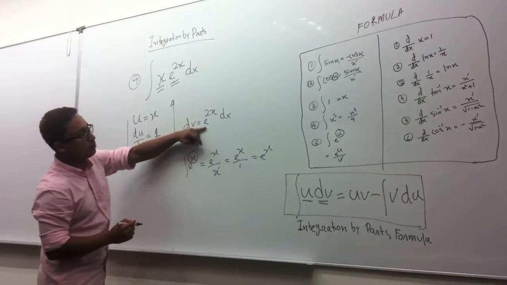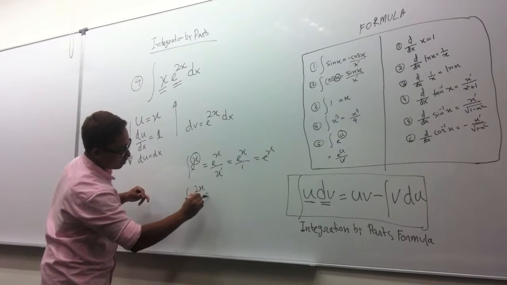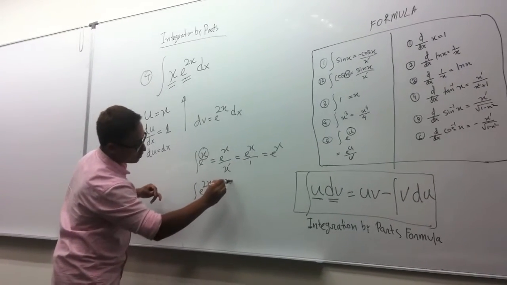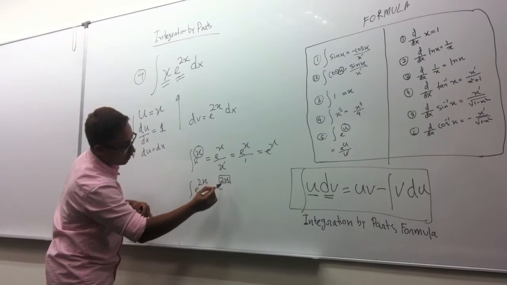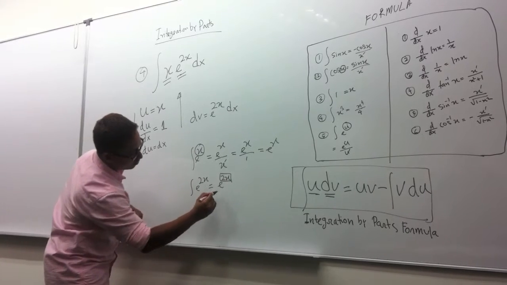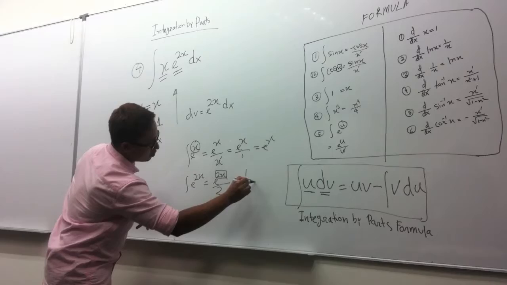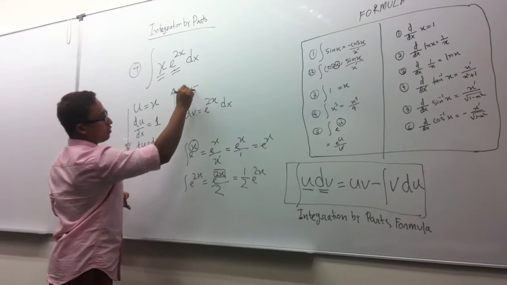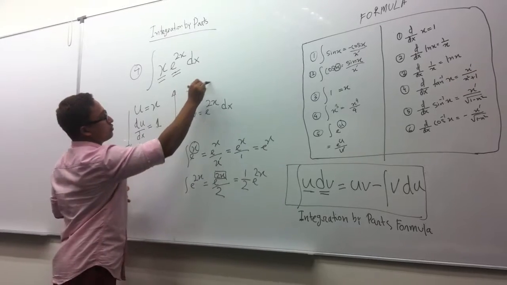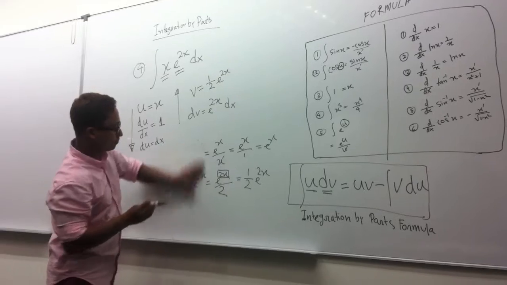In this case, integration of e to the power 2x is e to the power 2x over the differentiation of 2x, which is 2. So v is 1 over 2 e to the power 2x.